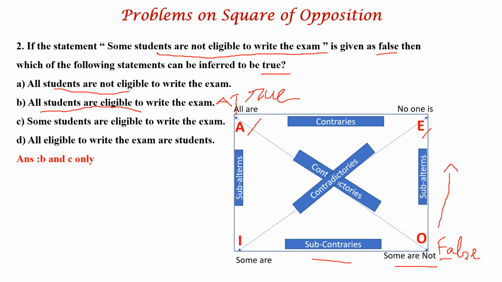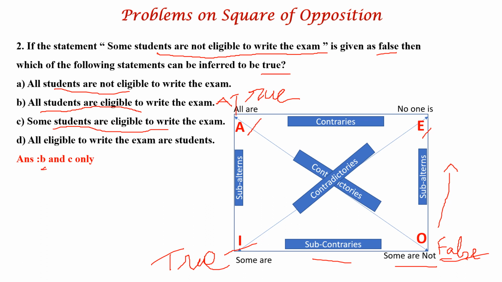Both O and I cannot be false together. That means now we know that O is false, so I cannot be false. I must be true. Find out which statement here is I type. Some are, particular positive. Some students are eligible, particular positive. So the C is also true.